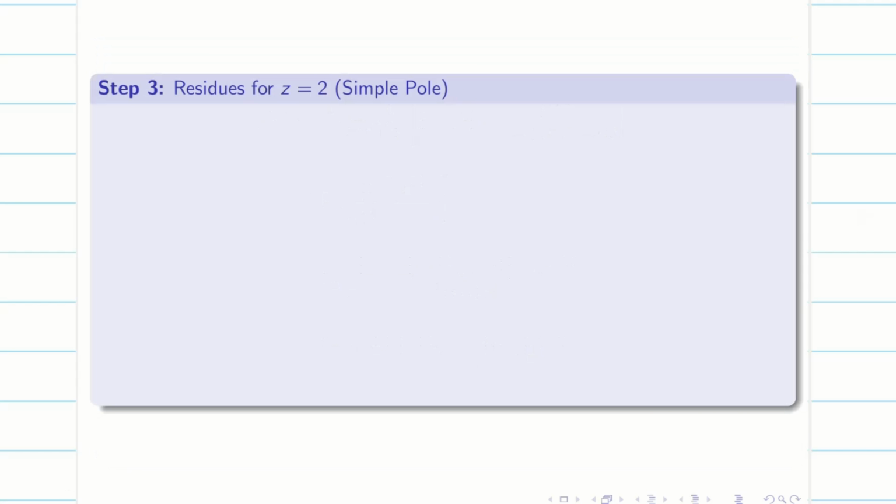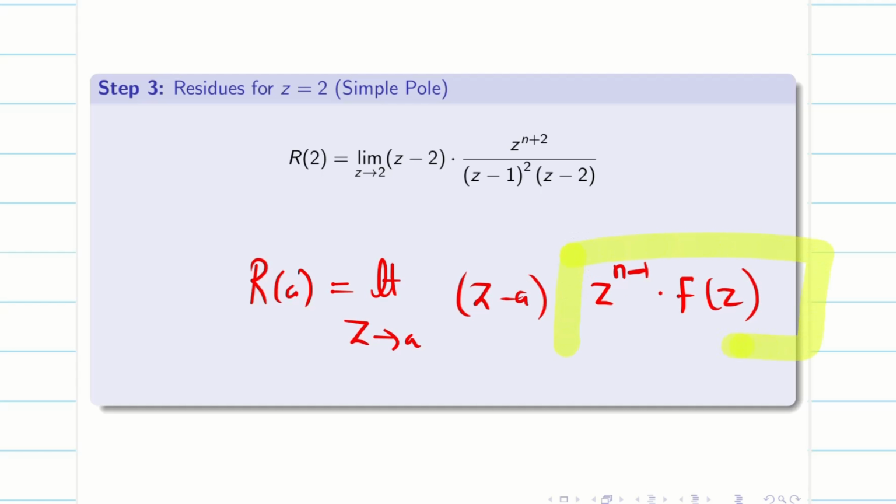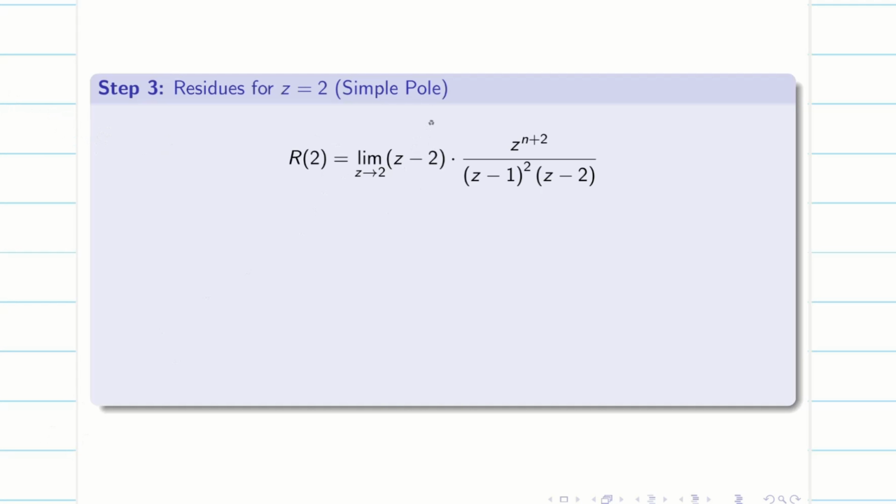Now we have to find the residue at 2. It is a simple pole. So R of a is going to be limit z tends to a of z minus a into z power n minus 1 into capital F of z. Now substituting the value of z power n minus 1 into capital F of z from step 1, we get this. Z minus 2 gets cancelled.